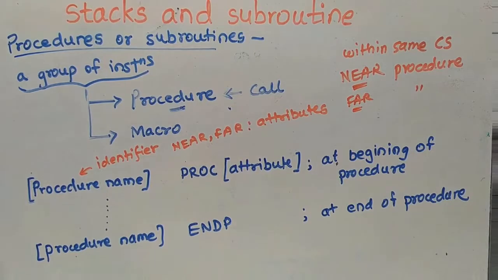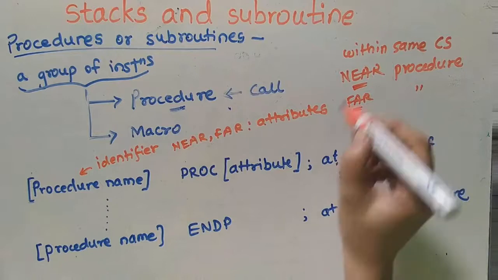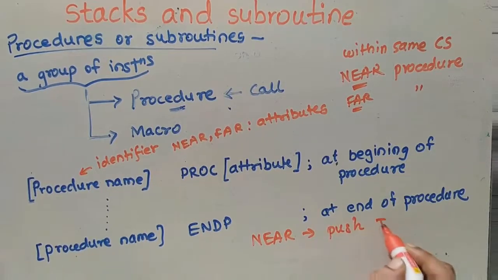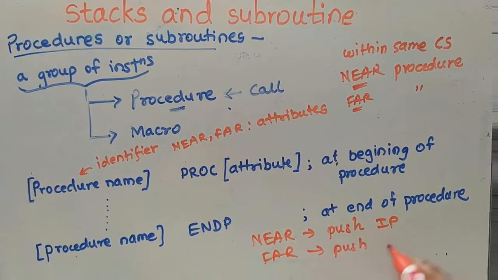For a near procedure, the CALL instruction will push only the contents of IP on the stack, while for a far procedure the contents of IP as well as the contents of the CS register are stacked on the stack segment.